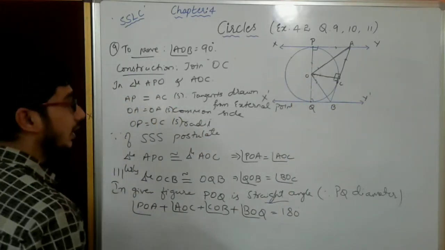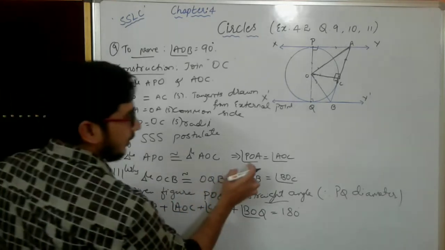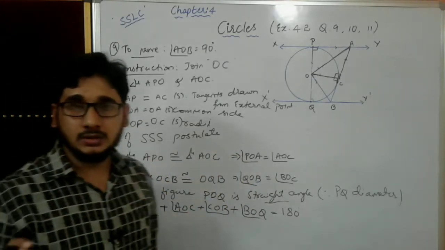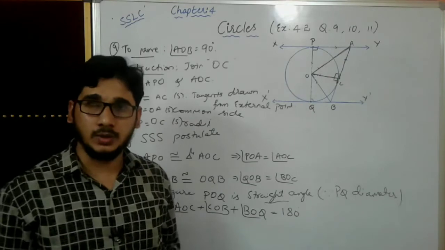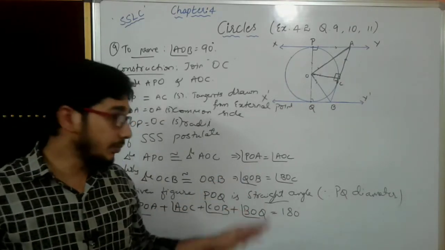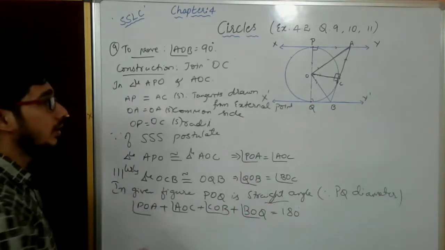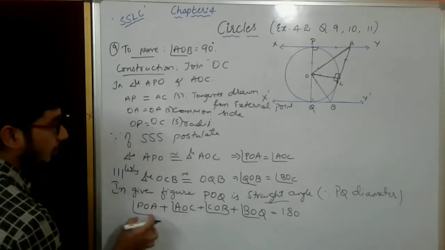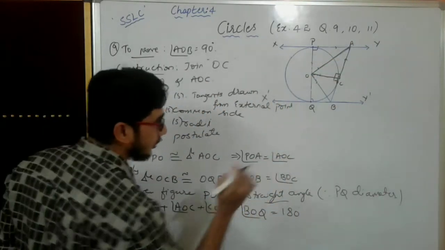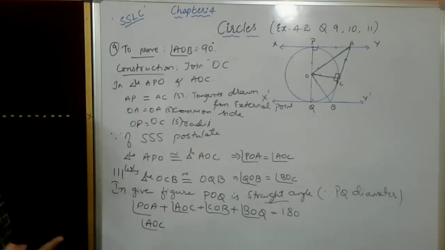So I will write here, POA is nothing but what? That is the reason I took these values. When two triangles are congruent, their angles are equal, their sides are equal. So which angle I want, I took. Remaining other two angles also you can write, but take which one is necessary. POA is nothing but AOC, write down AOC in the place of POA.